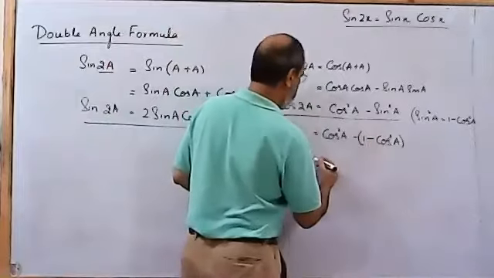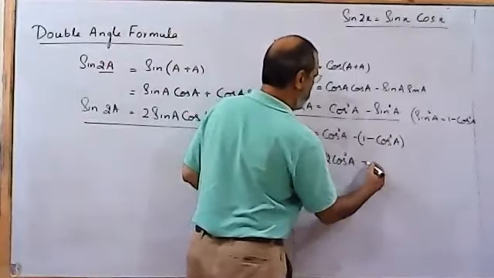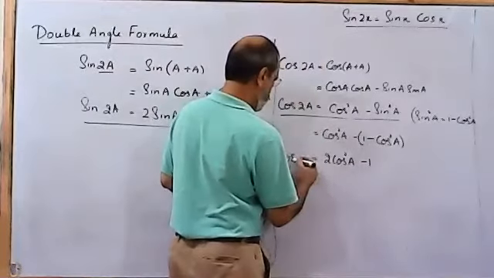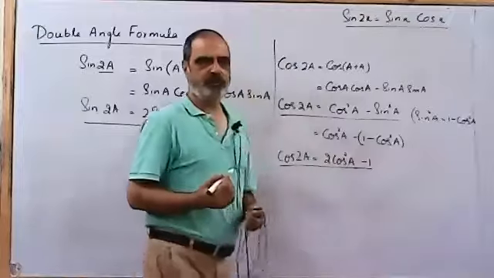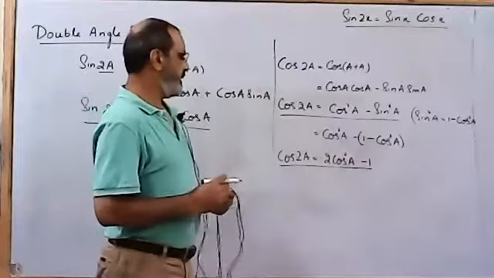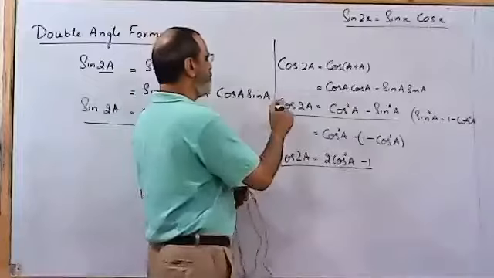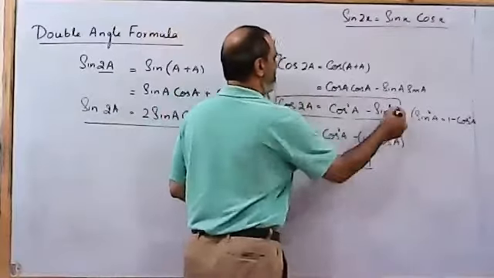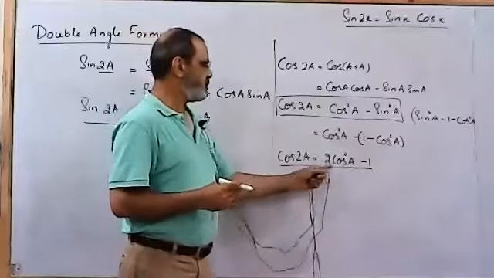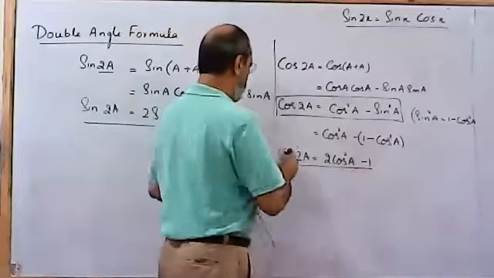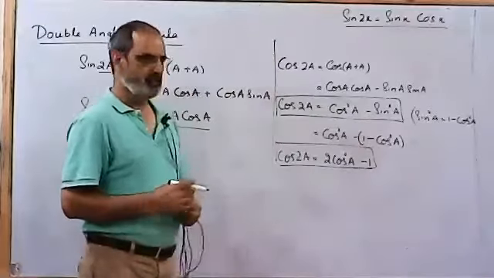On simplifying, I'll get 2 cos square A minus 1. So it is another form of cos 2A. So cos 2A can be cos square A minus sine square A, or 2 cos square A minus 1. So cos 2A can be written in these two forms.